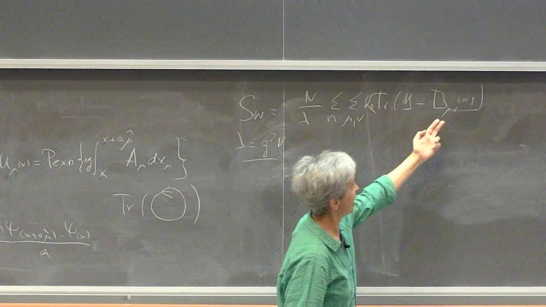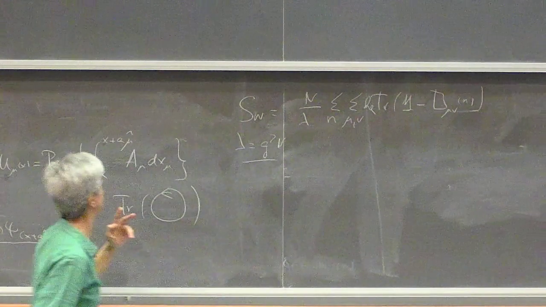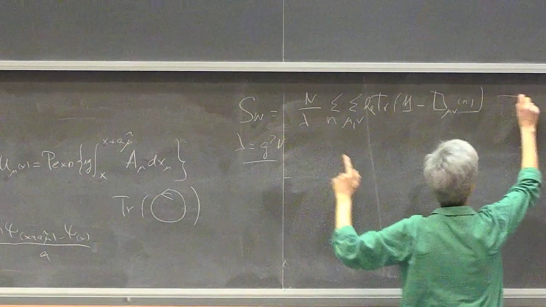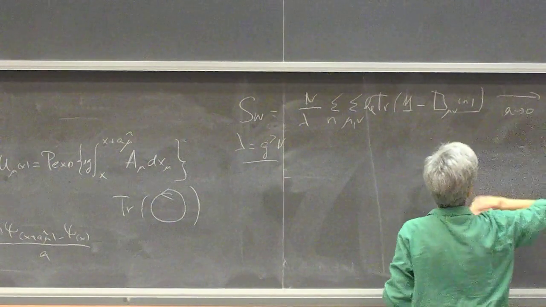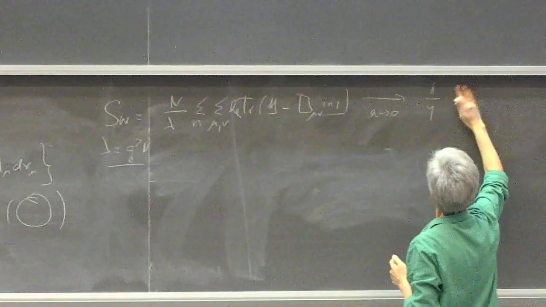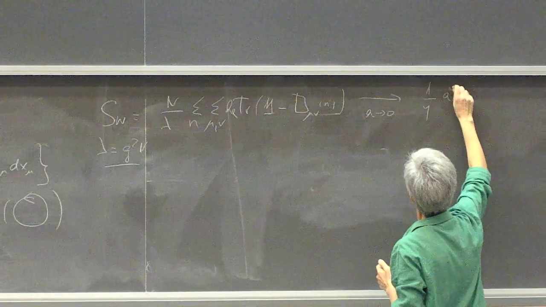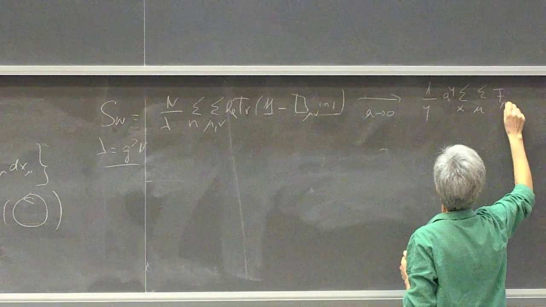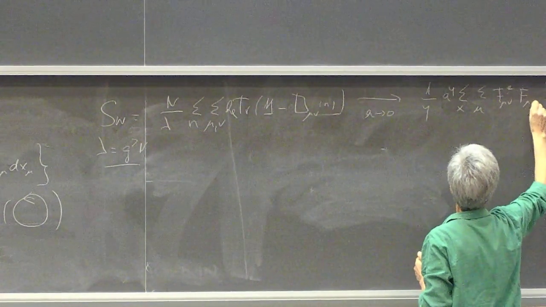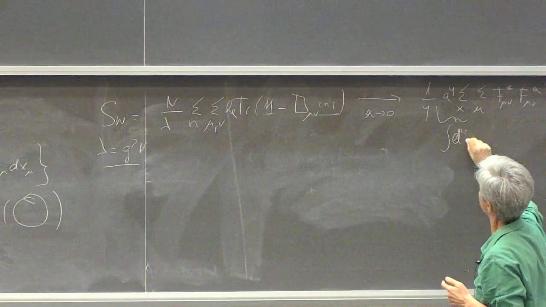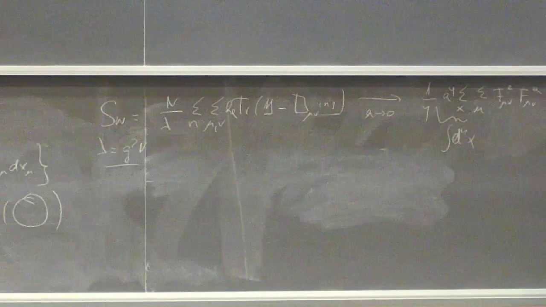It is very easy to check, if you insert in the plaquette the expression for the gauge links, that this action in the continuum limit at a classical level reproduces a to the 4th, sum over x, sum over mu nu, of F mu nu a, F mu nu a. This is the integral, plus corrections.